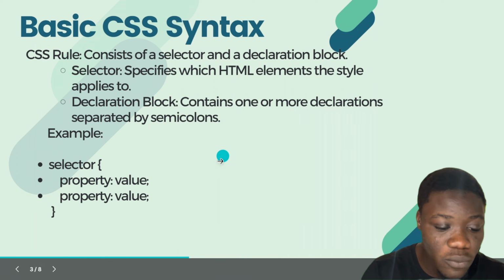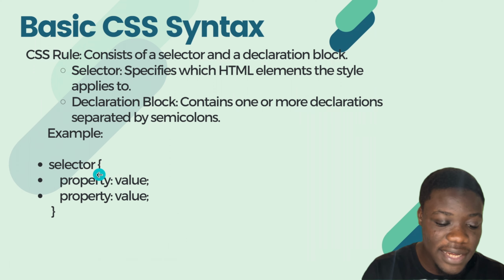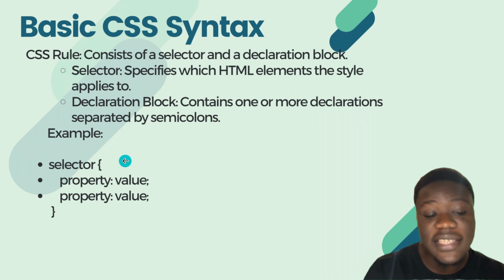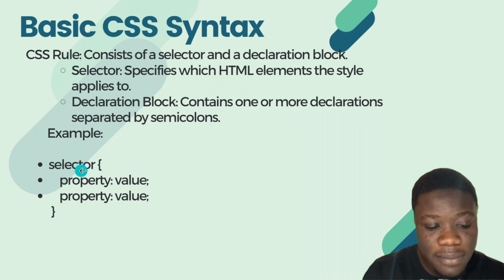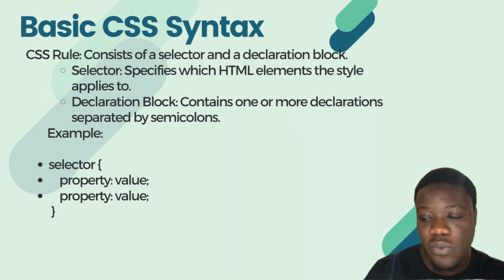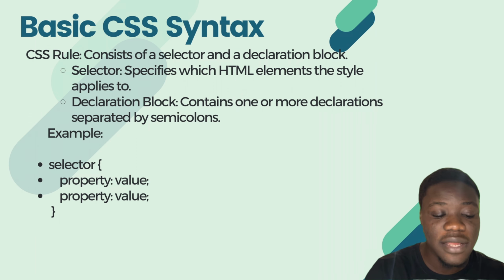Basically, if you look at this example, you can see that here we have the selector, and I will give you a more elaborate explanation and example about this. So the first element will be the selector, which, for example, if we want to select an H1 or a P, which is a paragraph element, which we have done in our HTML class.